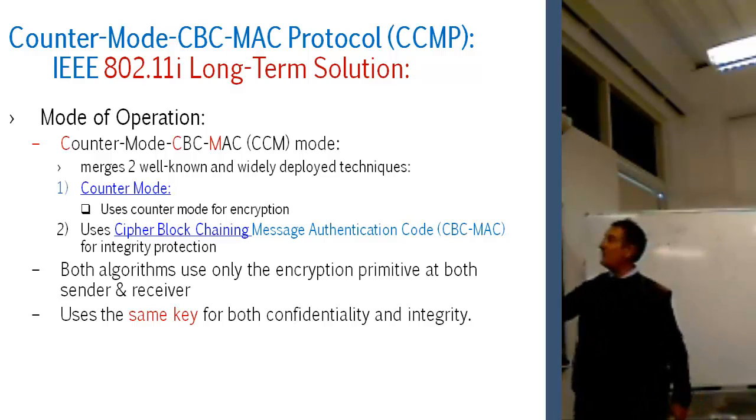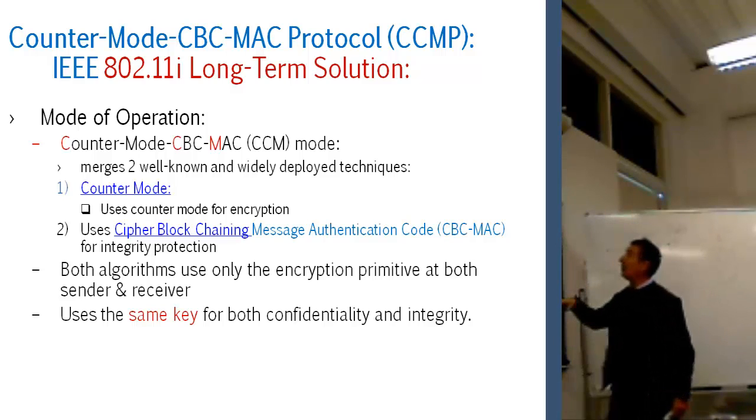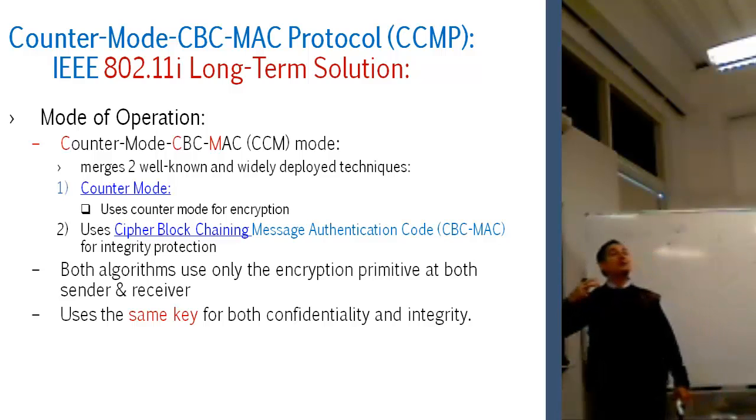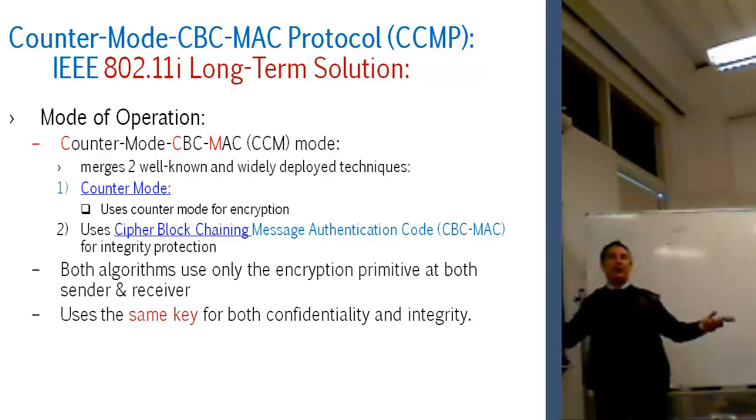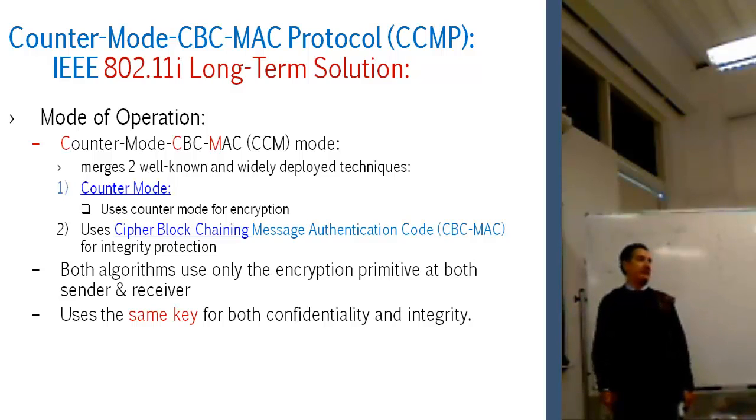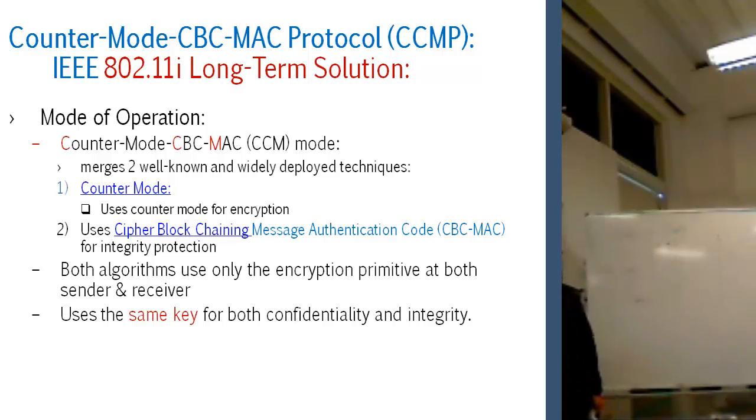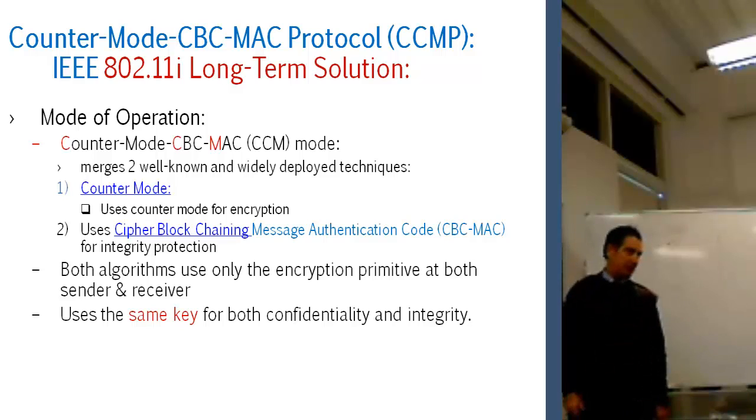If you remember, in the previous technology, TKIP, we were using two different keys, a 128-bit encryption key and a 64-bit Michael key. But over here, I don't need those two separate keys. One key is going to be used for confidentiality and MAC. Encryption is going to provide the confidentiality service, and MAC is going to provide the integrity service.